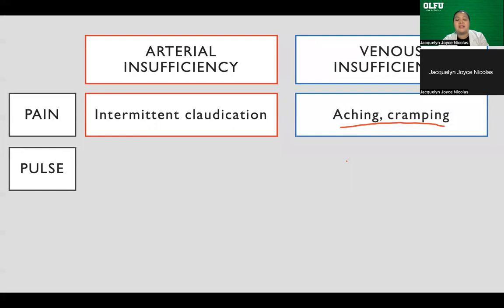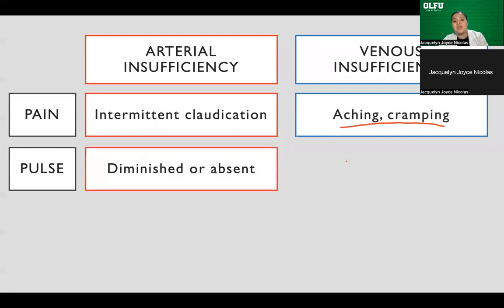Another item is the pulse. For arterial insufficiency, tandaan, ano ba ang mini-measure natin sa pulse? What we are measuring is the blood flow inside the artery, di ba? Kaya ang ina-assess natin, that's the radial artery, it is the brachiocephalic artery, di ba? When you want to see if the patient's still alive, you have to check the carotid artery, okay?